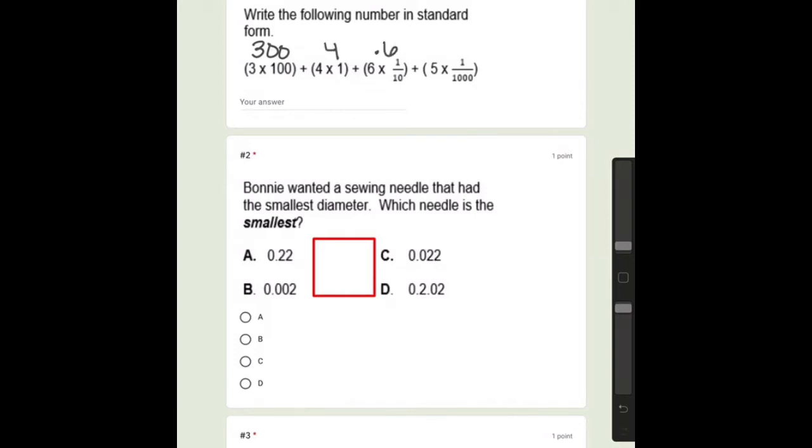And 5 times 1/1000, which is 5,000. So, for standard form, what I need to do is put all that together. So when I put all that together, I would get 304 and 605 thousandths.